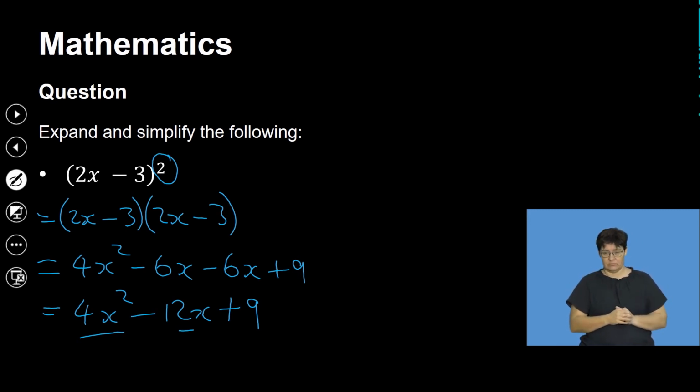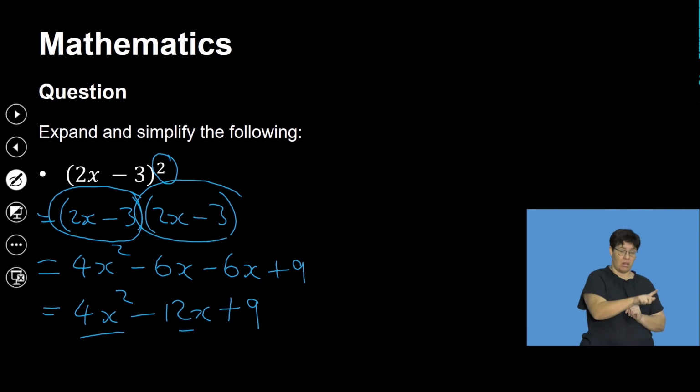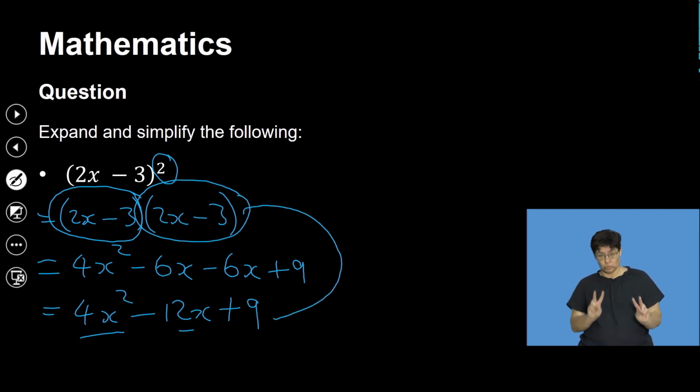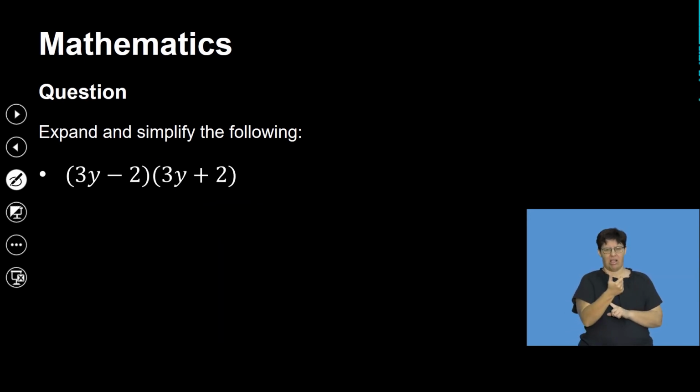Just to remind you of what we've looked at so far. Remember we said when we multiply a binomial with another binomial, our answer is going to be a trinomial. At times you'll find that the trinomial does not really have the middle term, like this example.